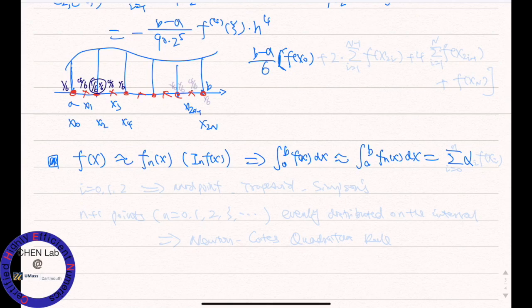You have 1/6 outside, so it's 2. So plus 2 times the summation of f of x2i, for x2, x4, x6, and so on, where i is from 1 to n minus 1, because you wouldn't include the last point 2n. It's only up to 2n minus 2, where you get 1/6 here, 1/6 there.